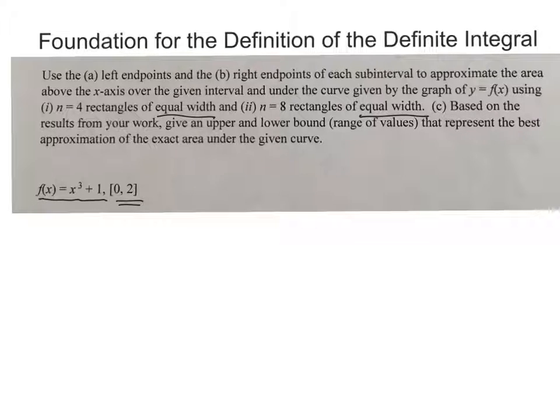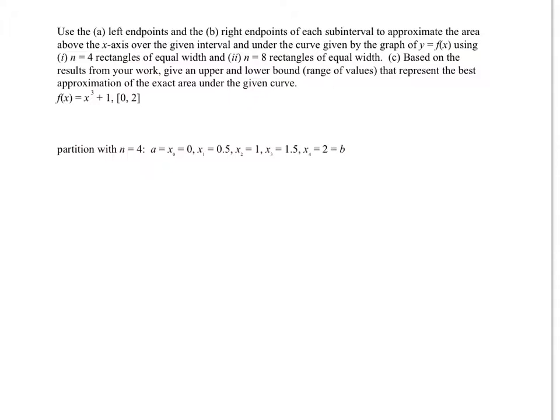Now, technically, we wouldn't have to keep an equal width. We could make each of the subintervals a different width, but it's so much easier to work with when they are equal width.